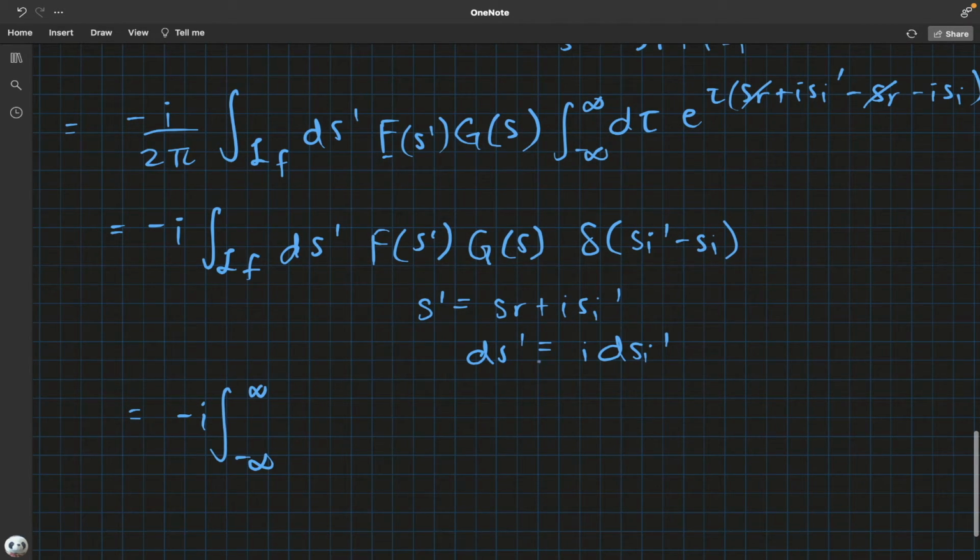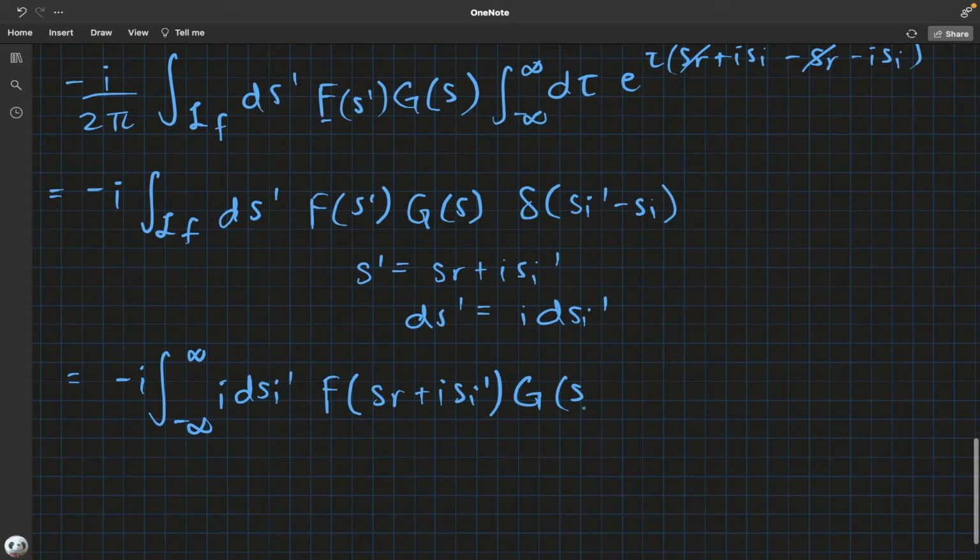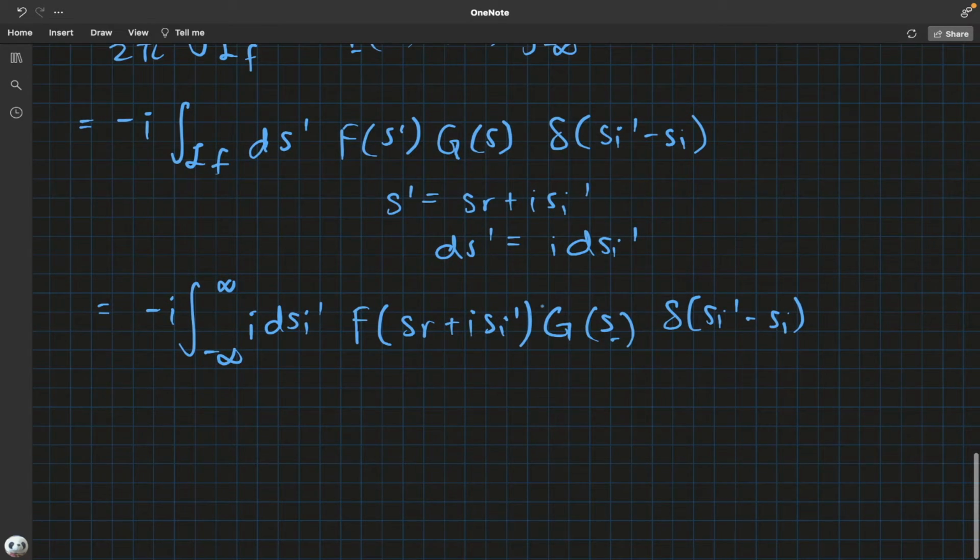That's the imaginary part. We have i dsi prime, f of SR plus i SI prime, g of S, that's unchanged, so keep that intact. Delta SI prime minus SI. That will change this prime to an SI. This will become the 1, minus i and i become 1.